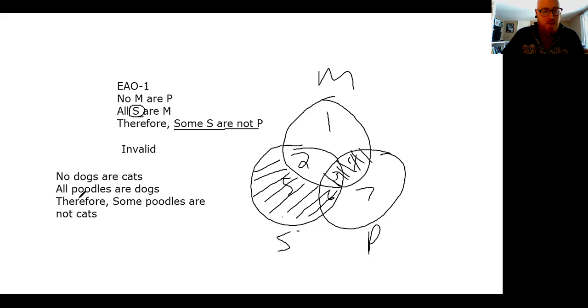Okay, well, since my critical term refers to an actually existing thing, I can empirically verify that there's at least one poodle. I can place an X in this region, sorry, I can place an X in region 2 and actually put a circle around it.